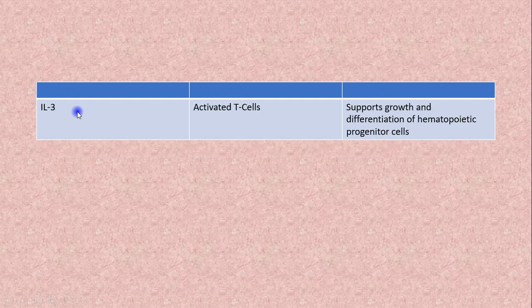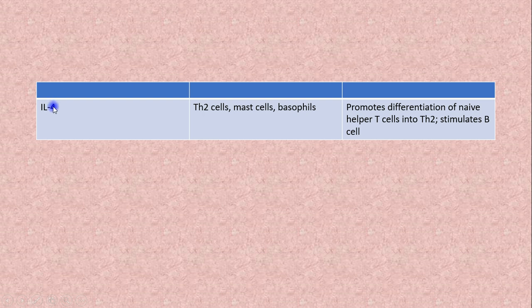We have interleukin 3, which is secreted by activated T cells, supports growth and differentiation of hematopoietic progenitor cells. We have interleukin 4, which is secreted from type 2 helper T cells and mast cells as well as basophils. They promote differentiation of naive helper T cells into Th2 and stimulate B cells.